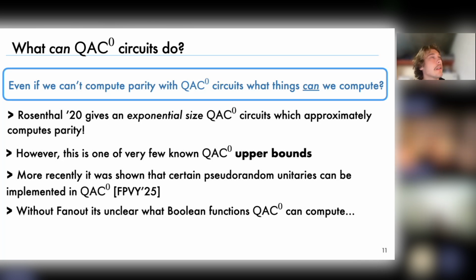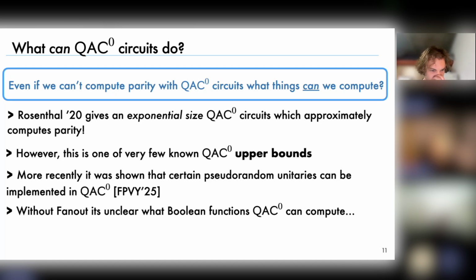Yeah, exactly. I meant more in the bigger set: if you have exponential sized circuits and poly-sized fan out, does that help as opposed to not having any fan out? Yeah, this lets you compute quite a bit. Because of Rosenthal's construction, if you allow for exponential size, then you can implement polynomial size fan out gates. I see. And so you can compute a lot of things, but potentially not everything. Okay, thanks.